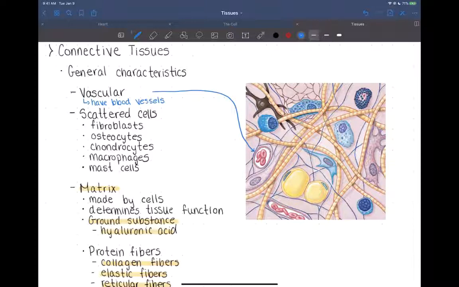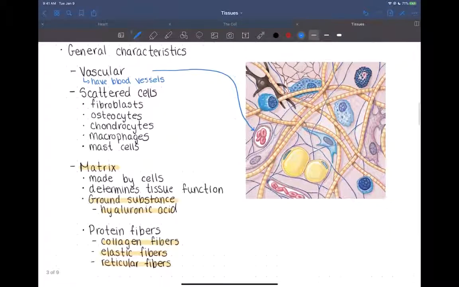With these cells, depending on their function and the tissue they're located in, they can have different names. Here's a few of the names we're going to encounter when we go through our connective tissues. Fibroblasts, these would be cells that make fiber, and we're going to talk about fibers. We're going to have a lot of fibroblasts.